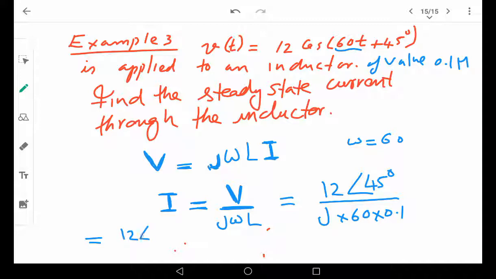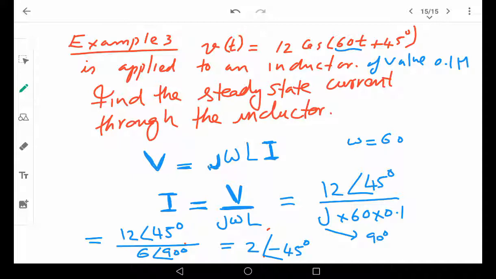So you can further simplify it. You can write it as 12 angle 45 divided by j times 6, and when something is multiplied by j, it has a phase angle of 90 degree. 60 times 0.1 is 6, so 6 angle 90, right? Clear? So this will be 12 by 6 is 2, and 45 minus 90 is minus 45 degree.